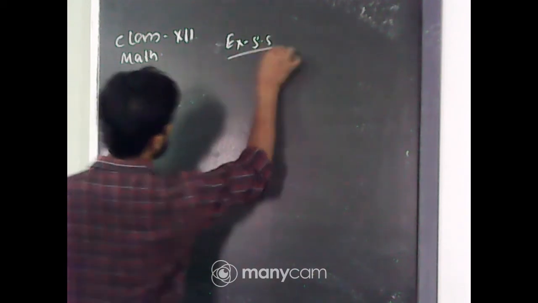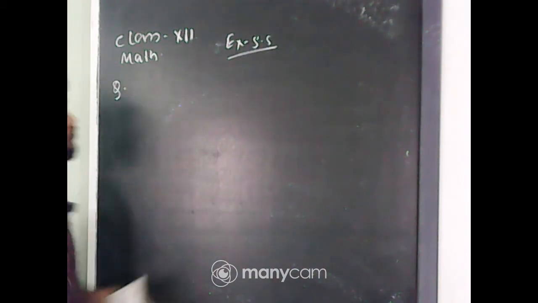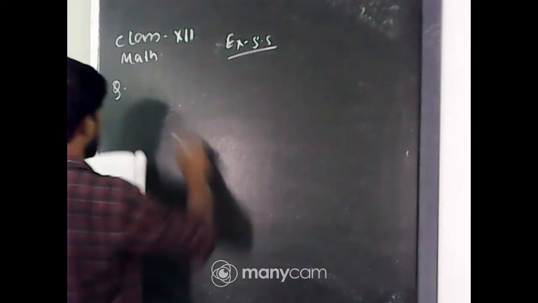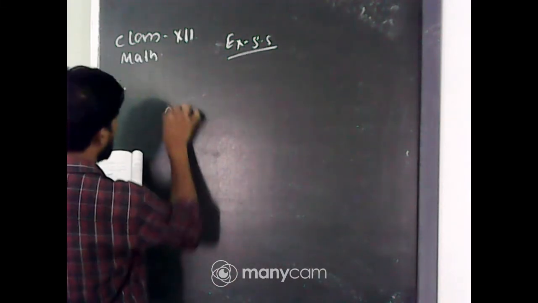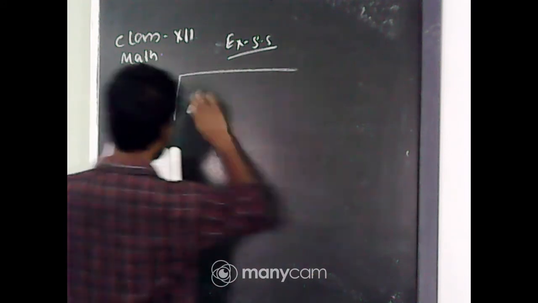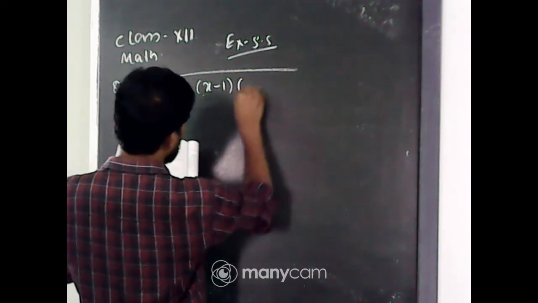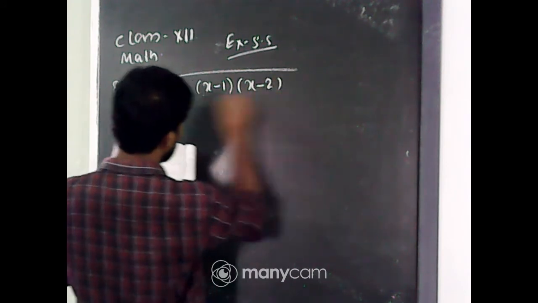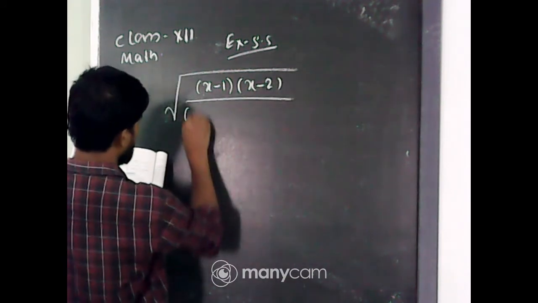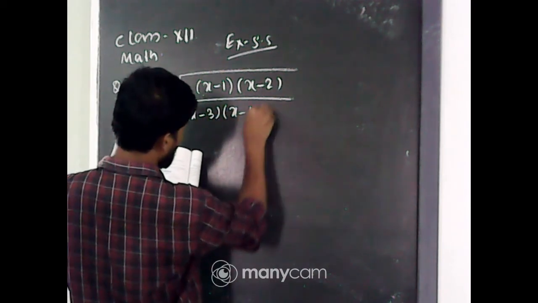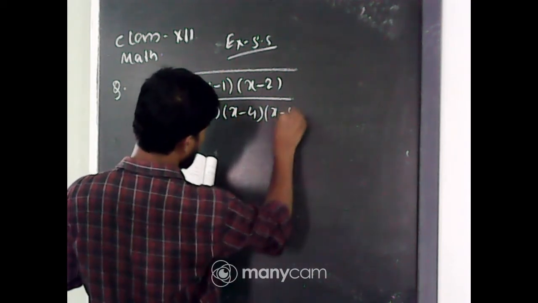Question number 2 is we have to differentiate the square root of (x minus 1)(x minus 2) divided by (x minus 3)(x minus 4)(x minus 5).